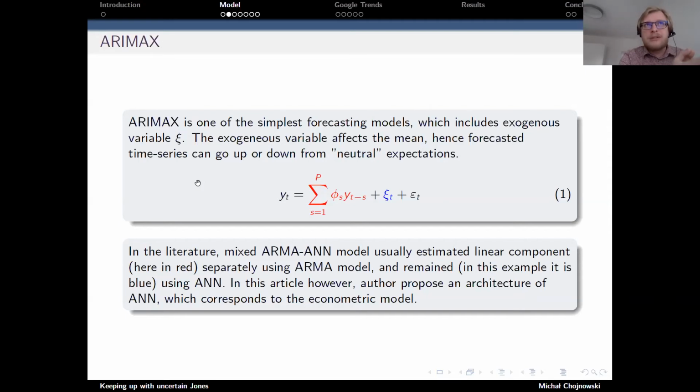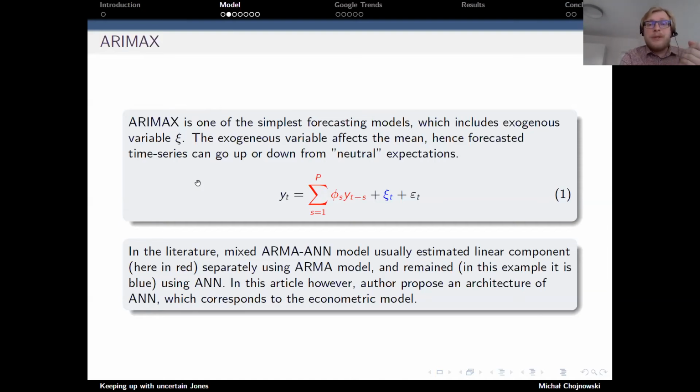Usually in the literature, the non-linear part corresponds to the random noise that we have, and artificial neural networks are used to explain non-linear relations in the random noise.